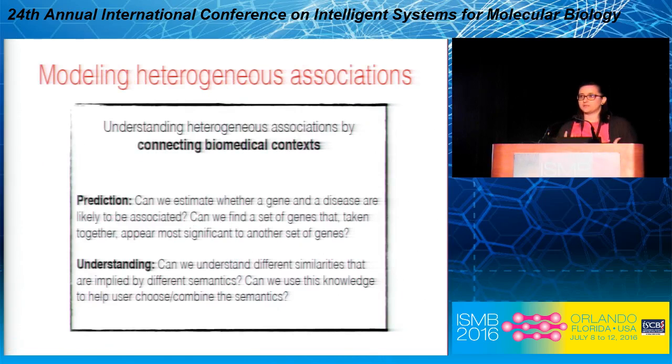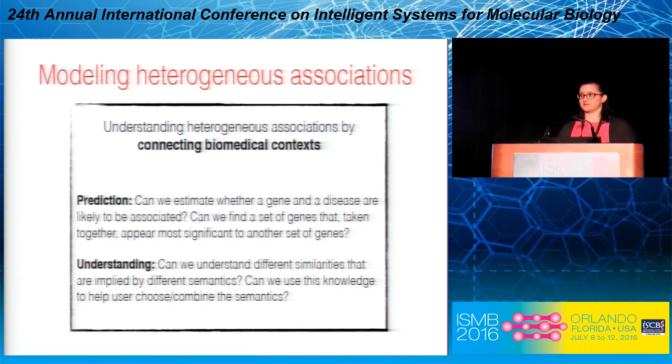Overall, what I would like to present in this talk is an approach towards better understanding of heterogeneous associations by connecting different biomedical contexts. In terms of prediction, the questions that we are asking are, can we estimate whether a given gene and disease are likely to be associated, and going beyond pairwise associations, can we find a set of genes that taken together appears most significant with respect to another set of genes?